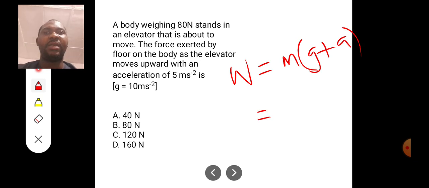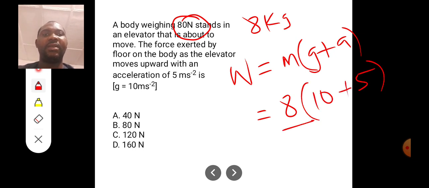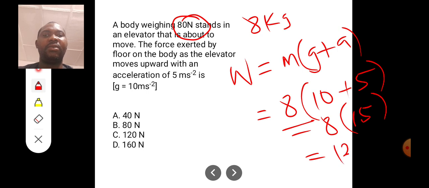We are not given mass, but from the weight of 80 newtons, it means that the mass is 8 kilograms. So 8 into (10 plus 5), which is 8 times 15. That will be 80 plus 40, that is 120 newtons. So the answer to this question is C.